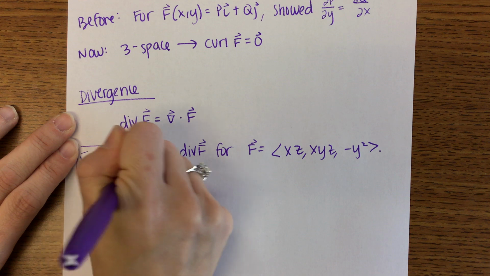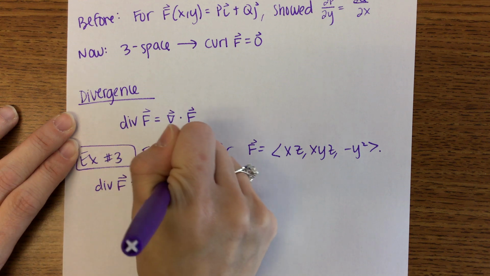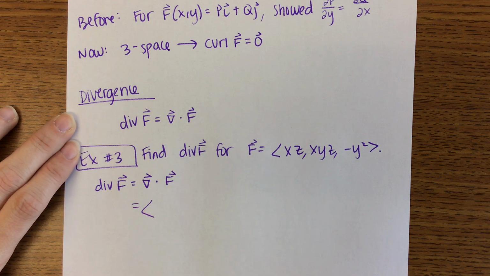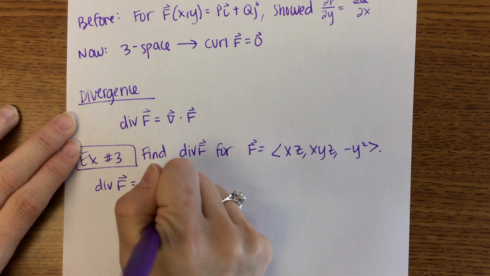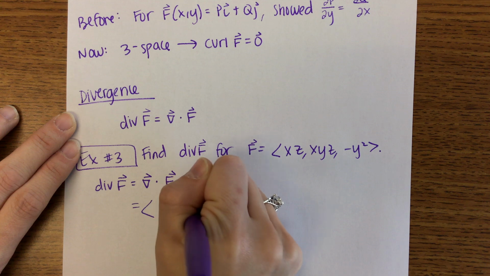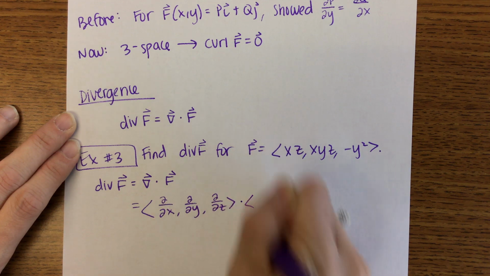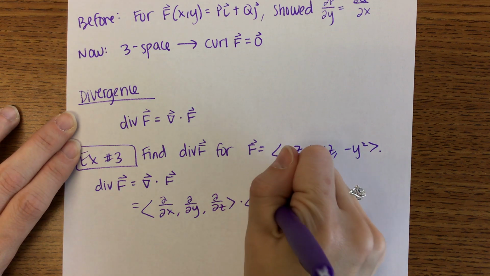Okay, so I already said above, divergence of f is when you take the gradient and you dot it with f. Gradient of f we've already written: partial with respect to x, partial with respect to y, partial with respect to z. We're dotting that with f.